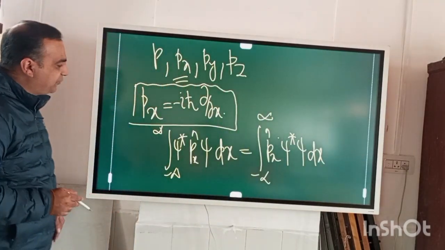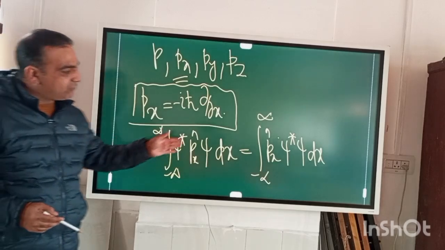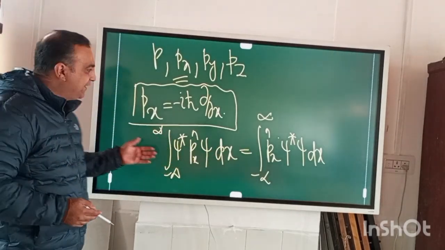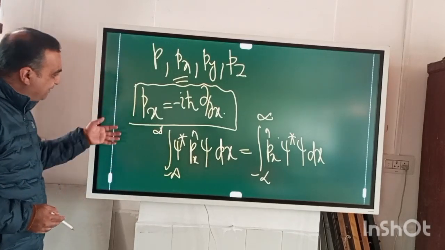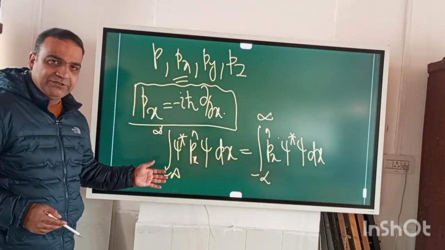So this equation we have to prove. If we are able to prove that the left-hand side of this equation is equal to the right-hand side, then automatically we can say that the momentum operator is a Hermitian operator. So for the momentum operator to be Hermitian, this is the necessary condition to be proved.